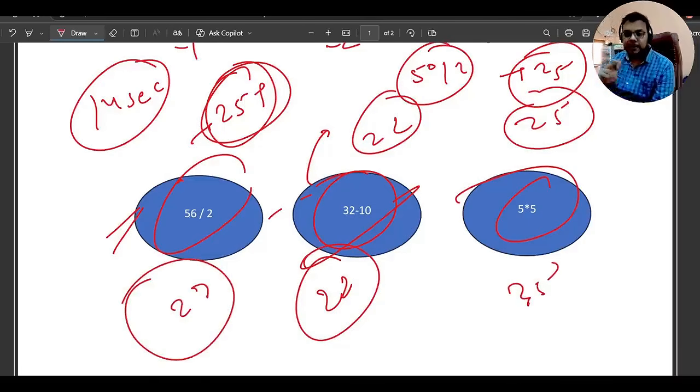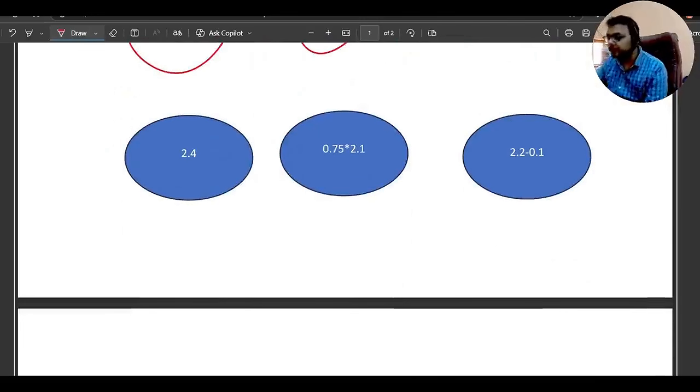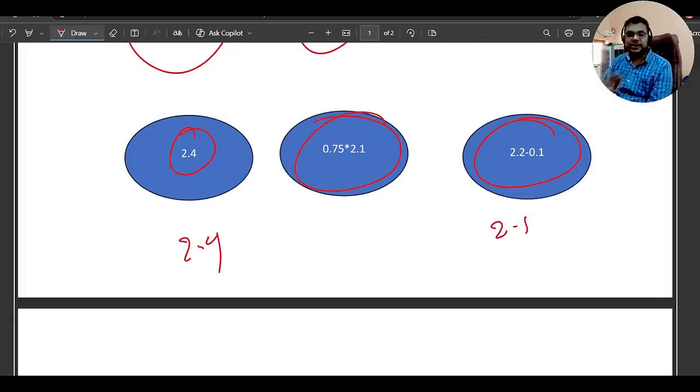Sometimes the calculation can be complex. That's why I'm telling you this. Now suppose for this one it's 2.4, and this will be 2.2 minus 0.1, which is 2.1. Okay, it's 2.1, it's 2.4. Now this one, if you see here, is a little bit complex. So for this, I will tell you one trick. If you get any calculation related to decimal points, like 2.1 multiplied by 0.75, just see if the multiplier is less than 1 or greater than 1.